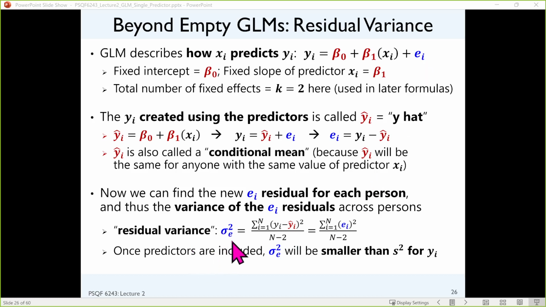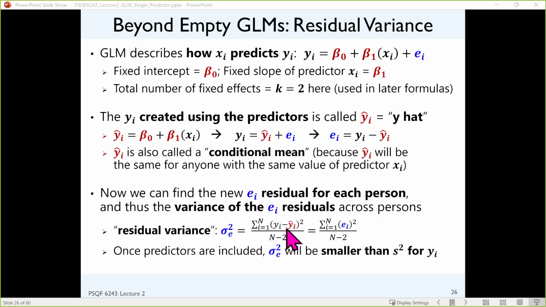So we still are interested in summarizing how variable these E residuals are for our sample, and we want to compare how variable they were to start with, like what was the variance of the outcome to begin with from the empty model versus what is it now after we've controlled for a predictor. And so this term right here, sigma squared sub E, what that means is the variance of the E residuals. That term is going to be called residual variance. So variance of the E residuals.